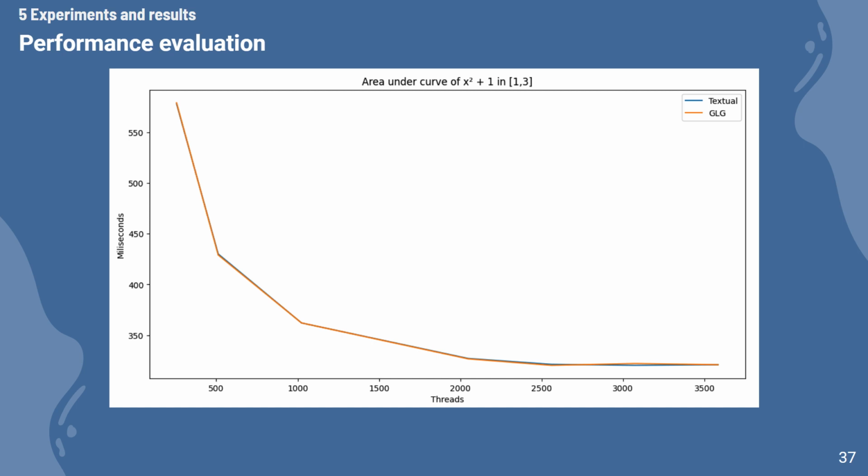These results suggest that GLG is able to generate code with similar efficiency to textual programming in CUDA. This is important as it demonstrates that the visual language doesn't introduce significant overhead in terms of performance and allows developers to take advantage of graphic card programming without compromising the efficiency of the resulting code.